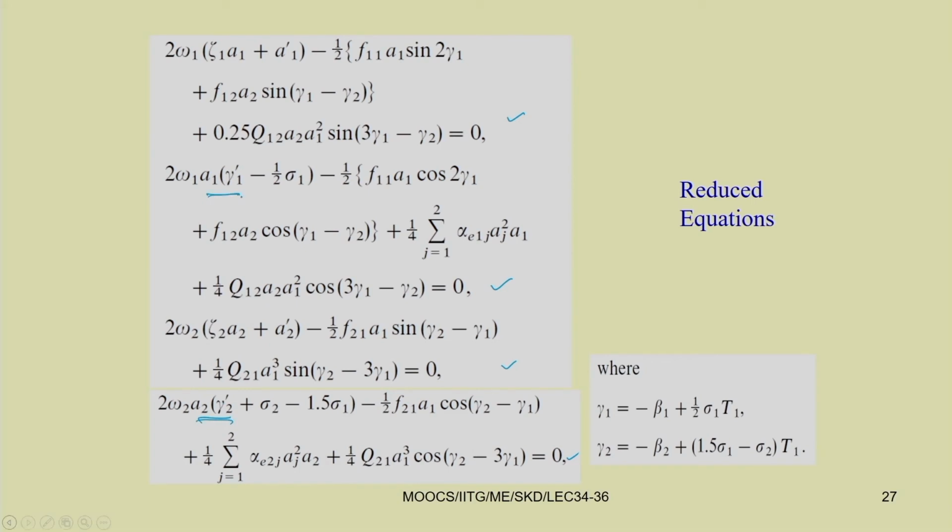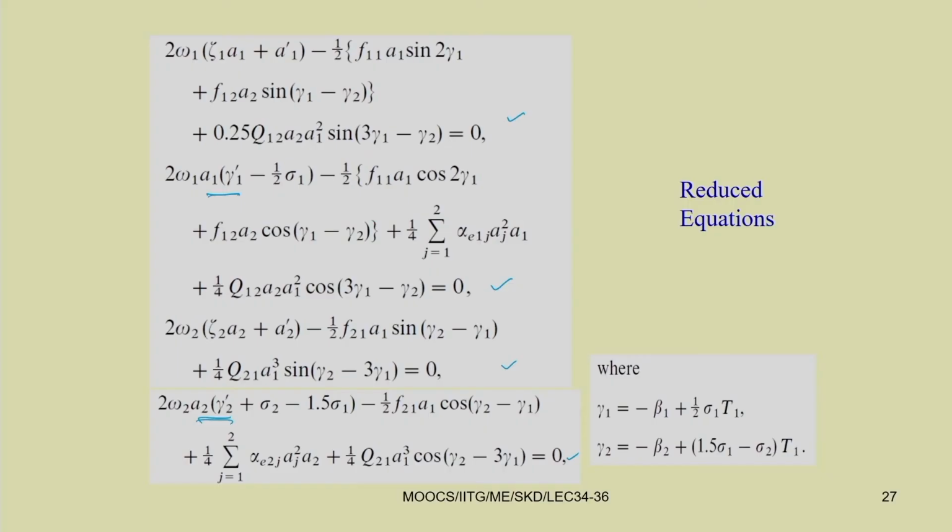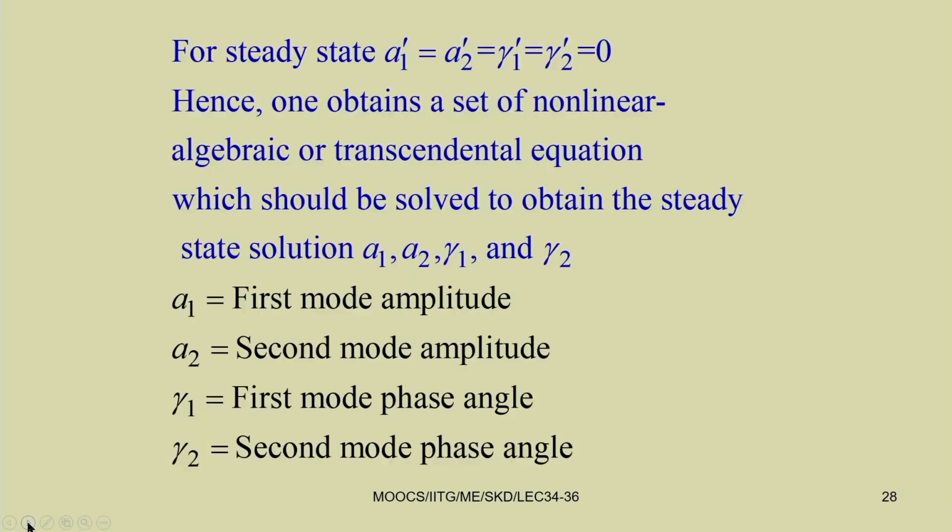If you perturb this for the trivial state, the delta gamma 1 dash and delta gamma 2 dash terms will not be available. That is why just by perturbing these equations we cannot study the stability of the trivial state, but we can easily study the stability of the non-trivial state.